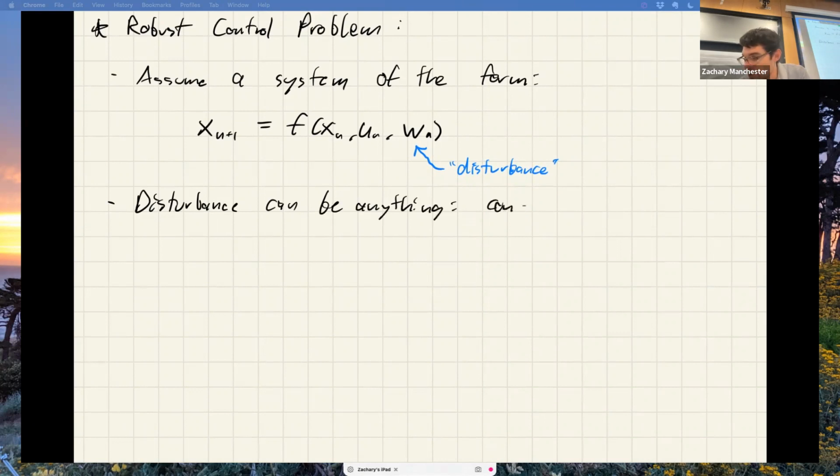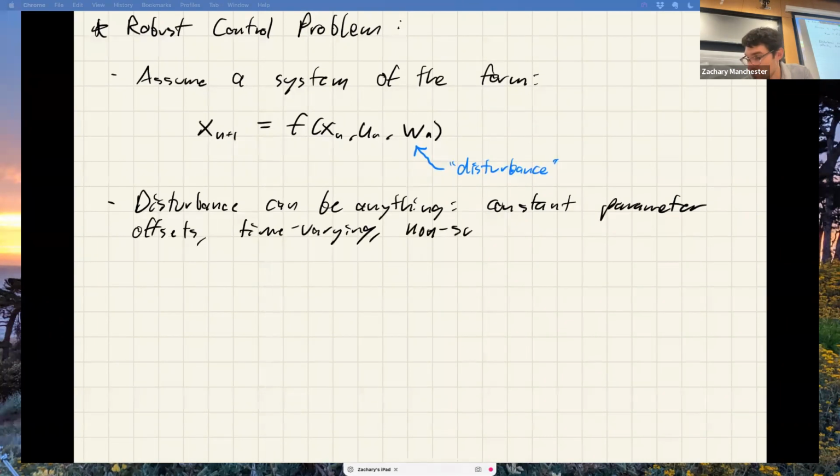So it could be, say, constant parameter offsets. Could be time varying stuff. Could be non-smooth stuff like stiction.